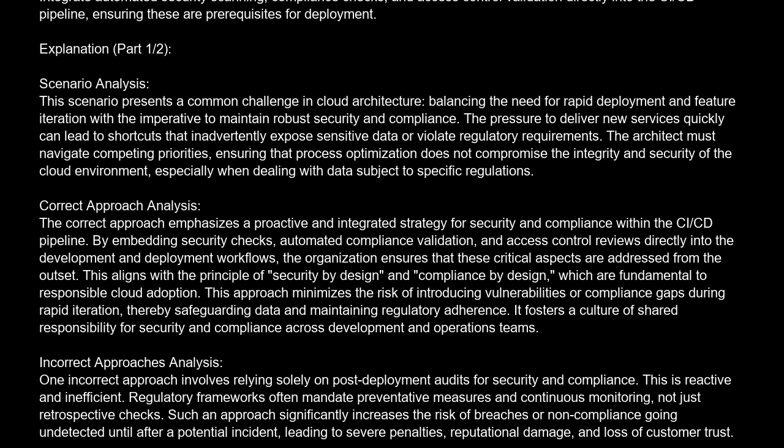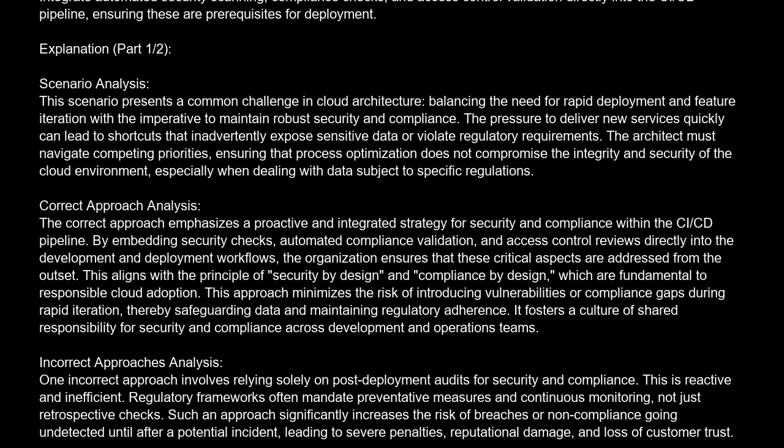This aligns with the principle of security by design and compliance by design, which are fundamental to responsible cloud adoption. This approach minimizes the risk of introducing vulnerabilities or compliance gaps during rapid iteration, thereby safeguarding data and maintaining regulatory adherence. It fosters a culture of shared responsibility for security and compliance across development and operations teams.